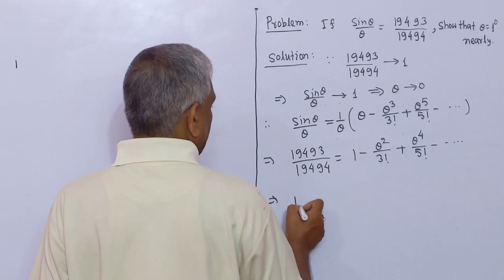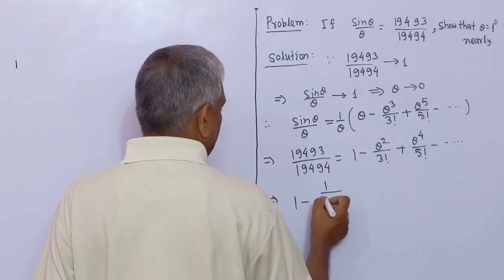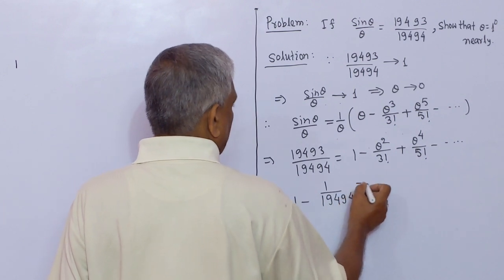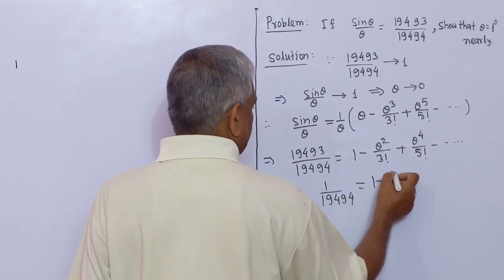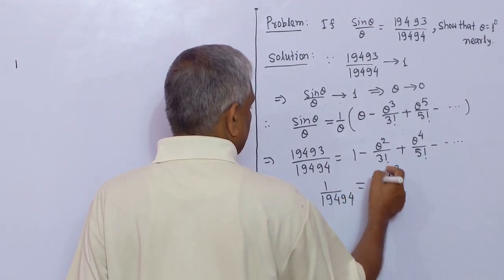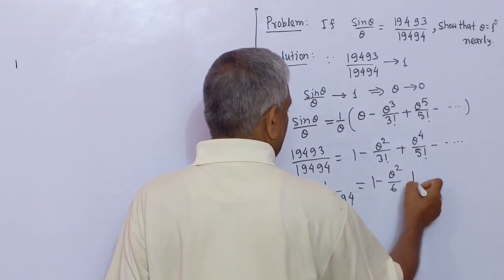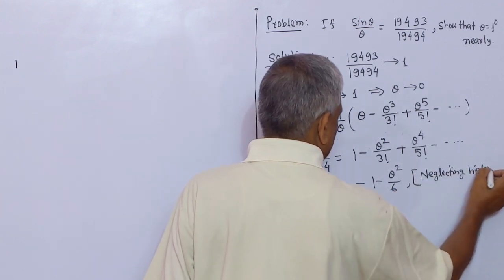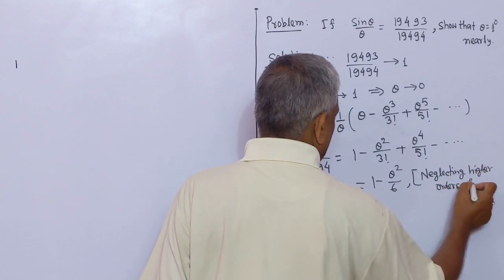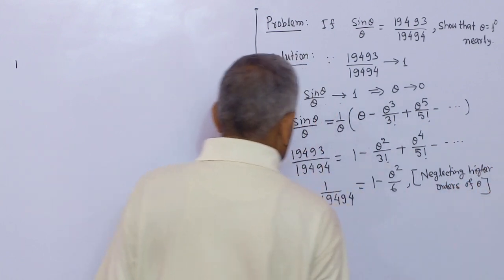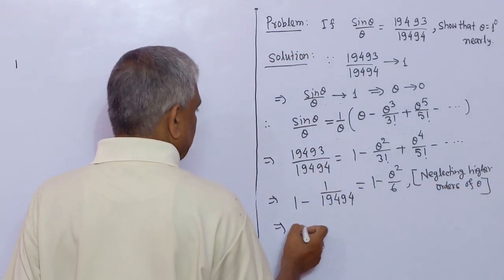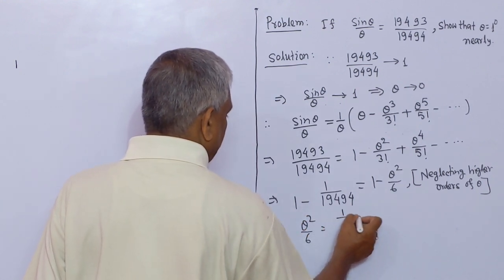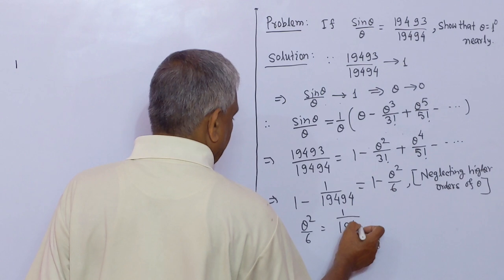This implies that this will be equal to 1 minus 1 by 19494. Here 1 minus theta square by factorial 3, meaning 6, neglecting higher powers of theta, which implies that theta square by 6 equals 1 by 19494.